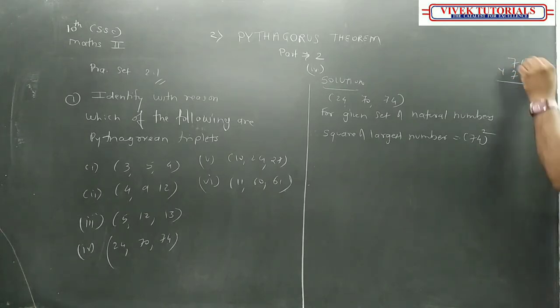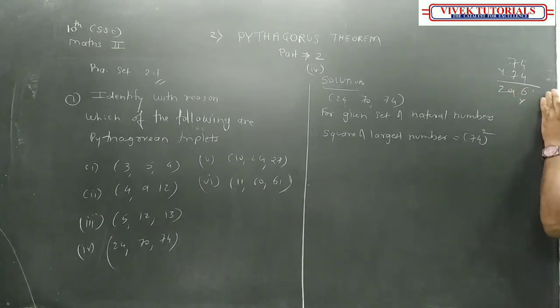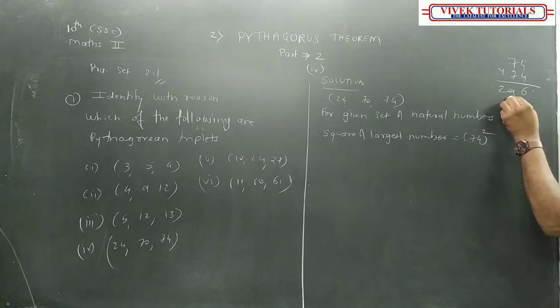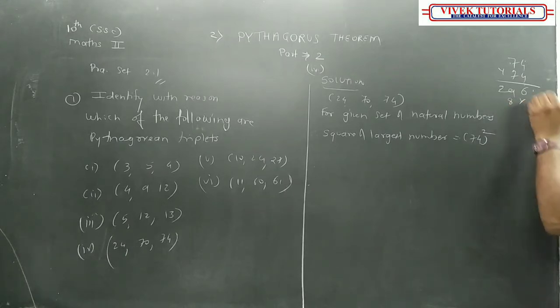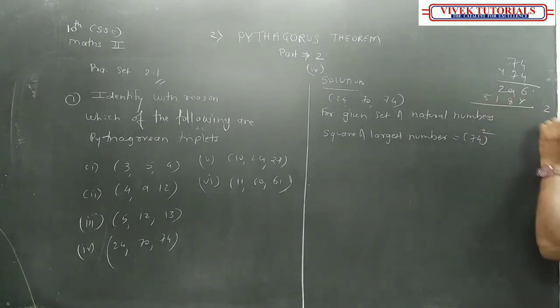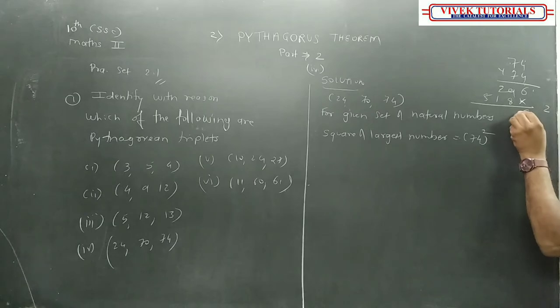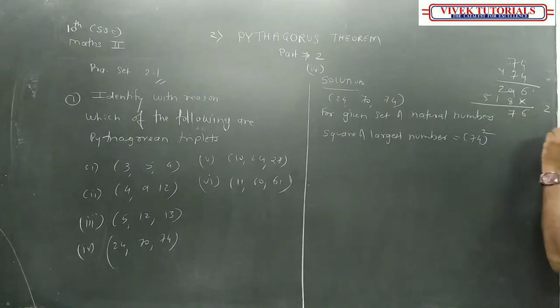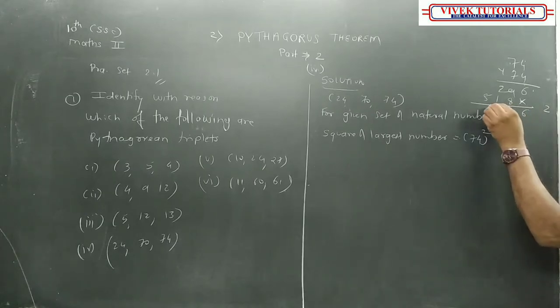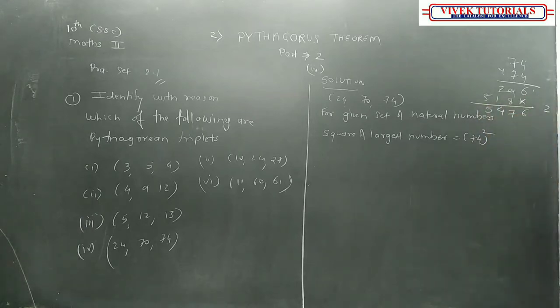74 into 74, 4 4s are 16, 7 4s are 28, 29, then 7 4s are 28, 7 7s are 49, and this becomes 51, with 6, 7, 4, 5, right?